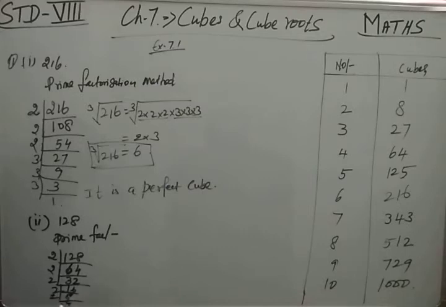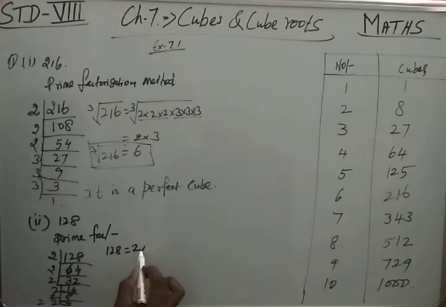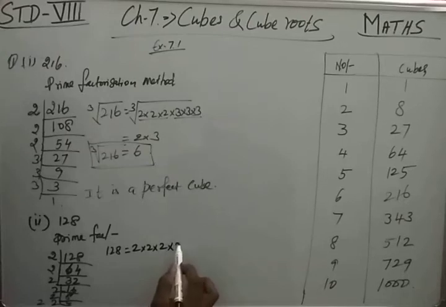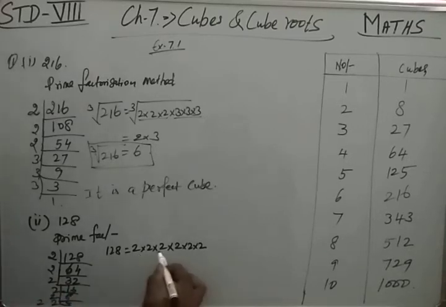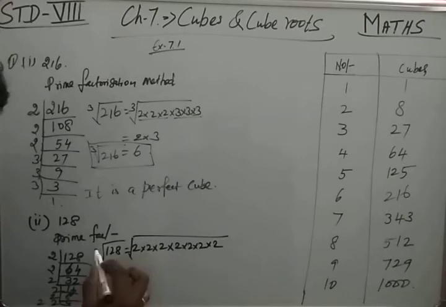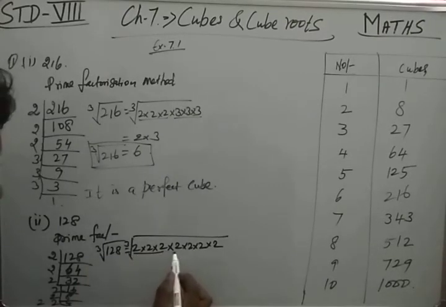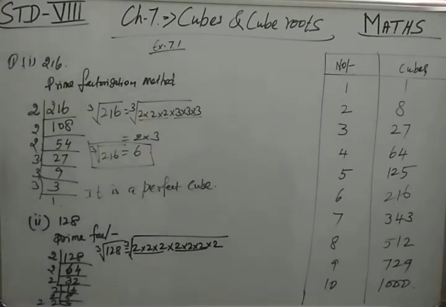Again 4. When you take the cubes, you get 3 twos, 3 twos, and one number is extra.